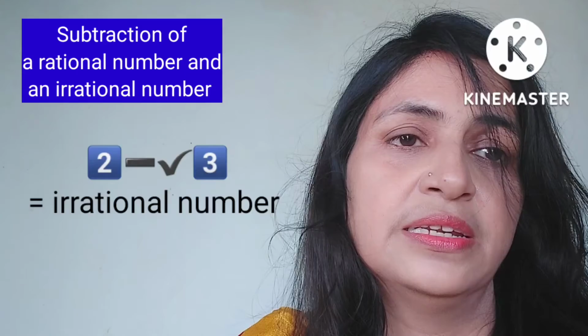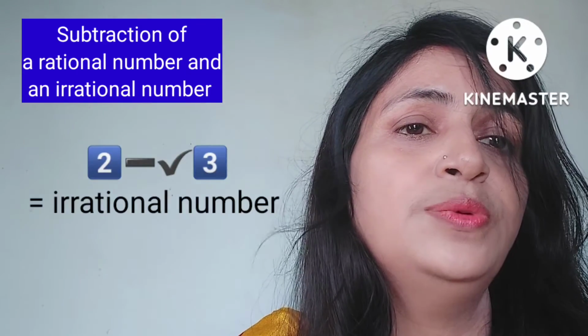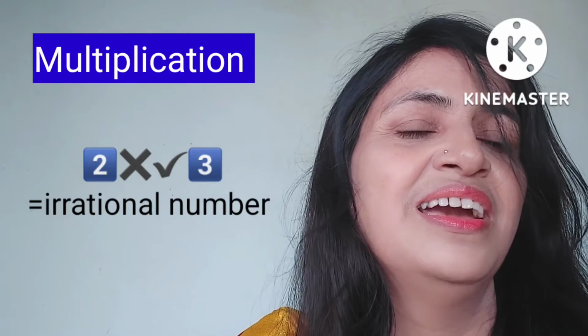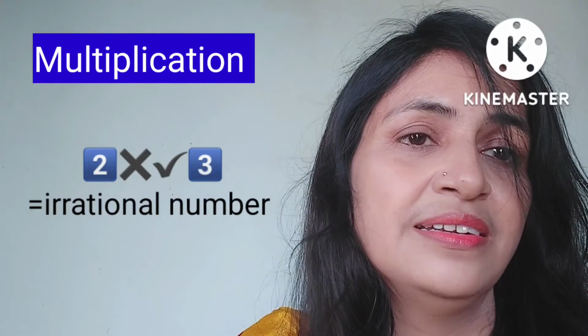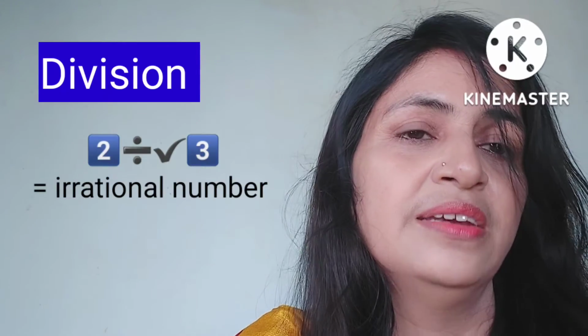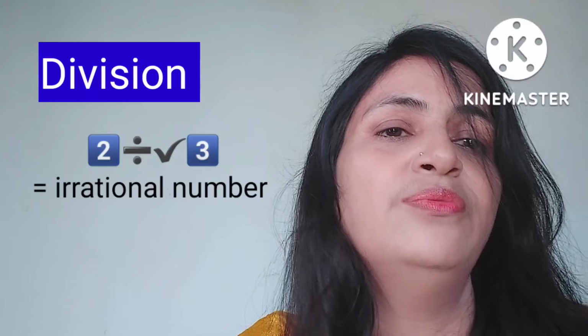In multiplication, 2 into root 3 is also irrational, and division 2 by root 3, here we get an irrational number. So when we add, subtract, multiply or divide one rational and another irrational, then we get irrational numbers.